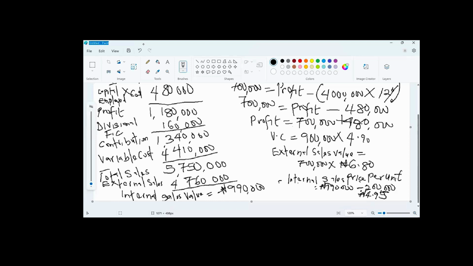That should be 4.95 naira. We have to work from that target to our sales value, because we are trying to meet that target of 700,000 naira residual income.